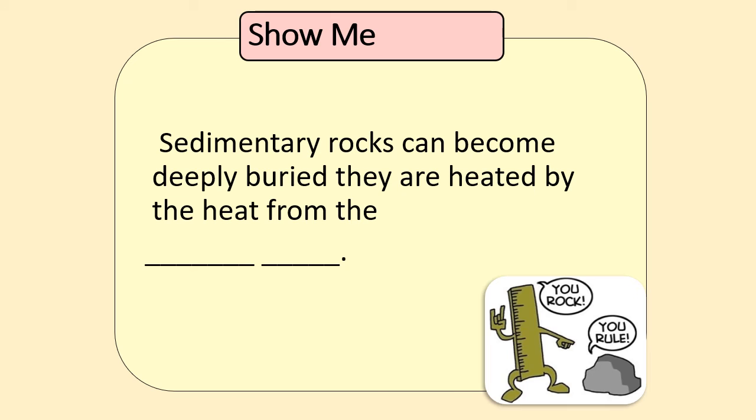Now, sedimentary rocks can become deeply buried and are heated by heat from the Earth. So where does the heat that heats up sedimentary rocks that get buried underground come from? It comes from the Earth's core, or you could say the mantle.